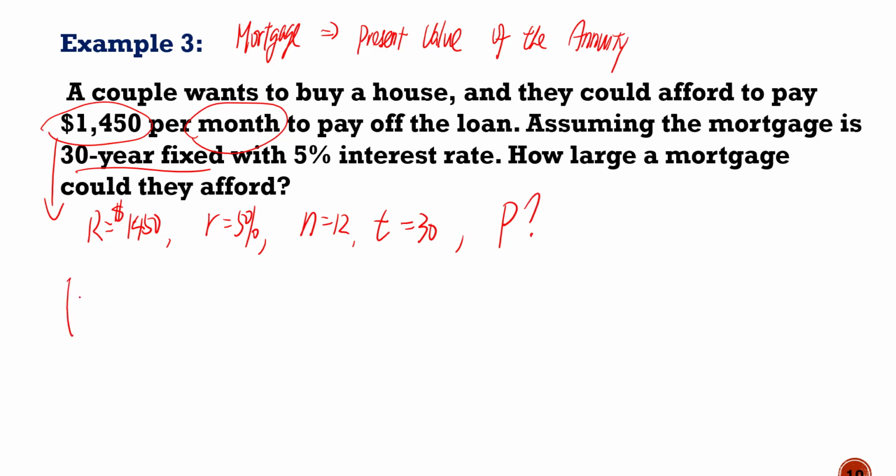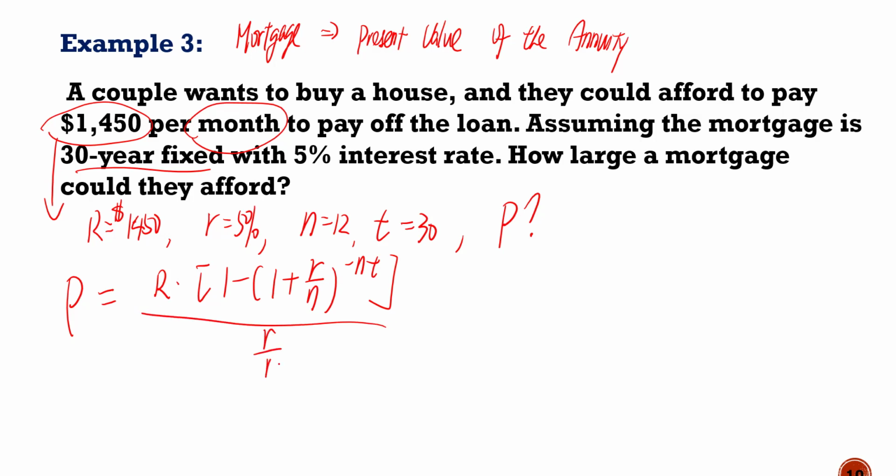So the present value of the annuity equals regular payment times 1 minus (1 plus r over n) to the negative nt in the numerator, divided by r over n in the denominator. Now once we know all the elements here, we plug in a regular payment of $1,450.